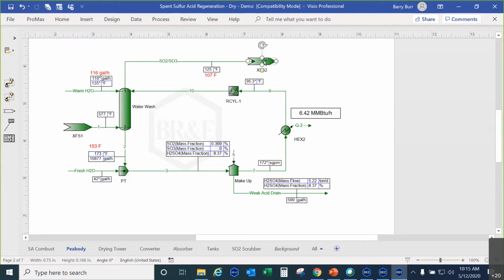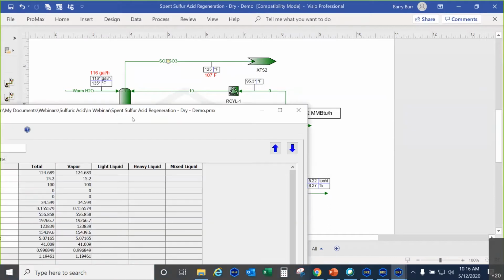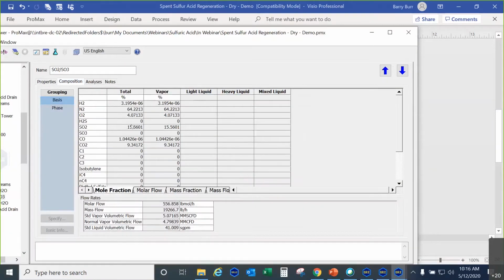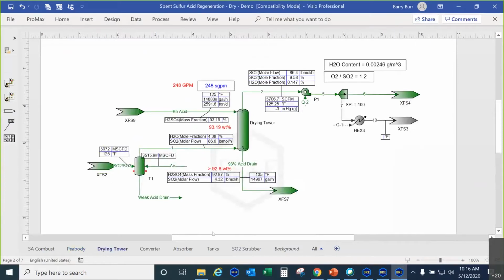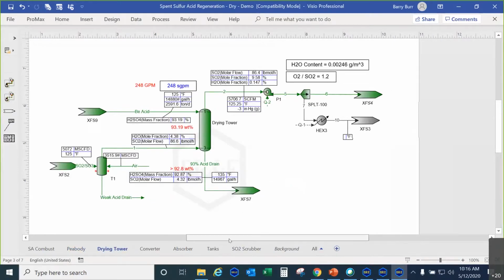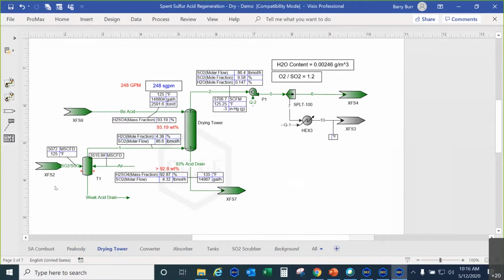But it's still a wet gas. At this point, it's got 6.8% water in it. And we need to remove the water before we can proceed to the catalytic conversion beds. And so we have a drying process.